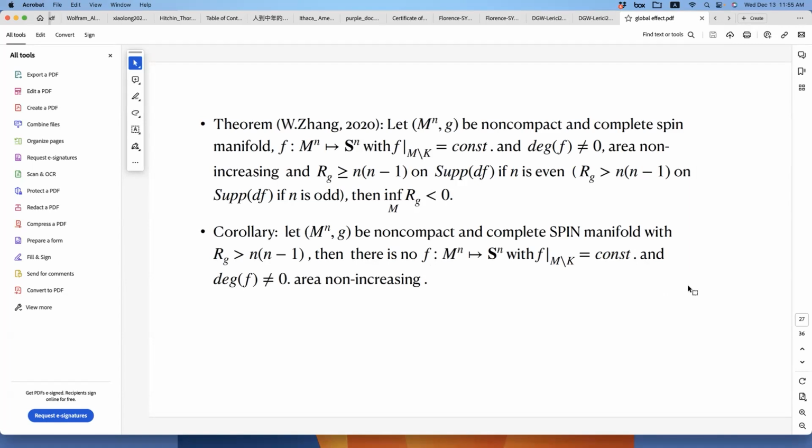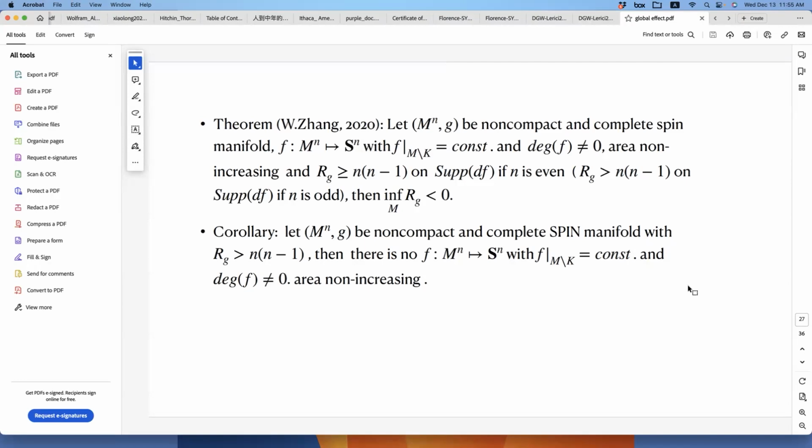Because f is constant at infinity, we can define the degree of the map. He assumed the degree is non-zero and the map is area non-increasing. So the scalar curvature is bigger than that of the unit sphere on the support set. And then he can show that the infimum of the scalar curvature is negative.